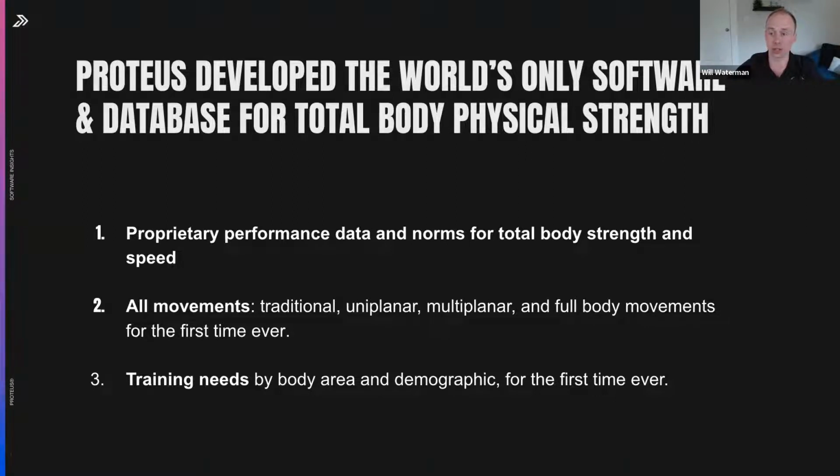And we're measuring this on traditional movements, vertical jumps, push-pull movements, things like that. But we're also measuring on completely new movements that haven't been easily collected before. So that's these multiplanar and full body movements for the first time ever. And from that information in that database, we're able to give you an idea of training needs across the body area for the first time ever.